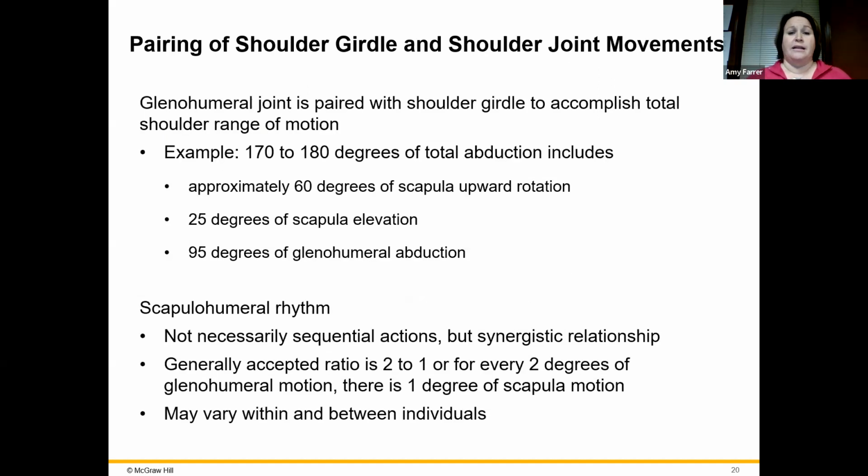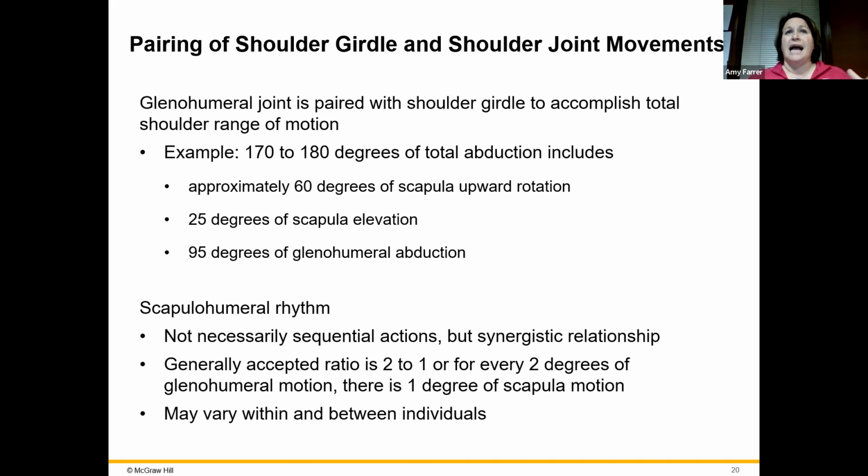Here's just another breakdown. If we took abduction, we talked about it's almost a 2-for-1. So 60 degrees of scapular upward rotation had to happen, 25 degrees of scapular elevation, and then we're going to see 95 to maybe 110 degrees of glenohumeral abduction occur. Okay, it's not necessarily you have to see 10 degrees of this to see 5 degrees here, and another 8 degrees results in 5 degrees.